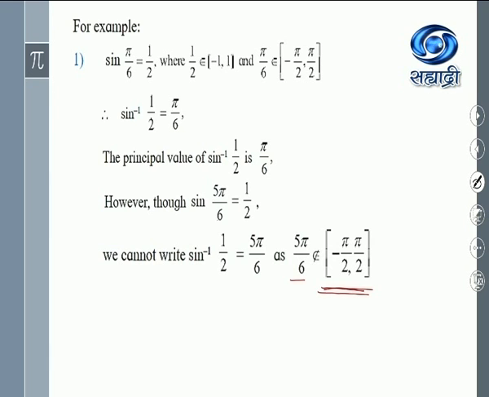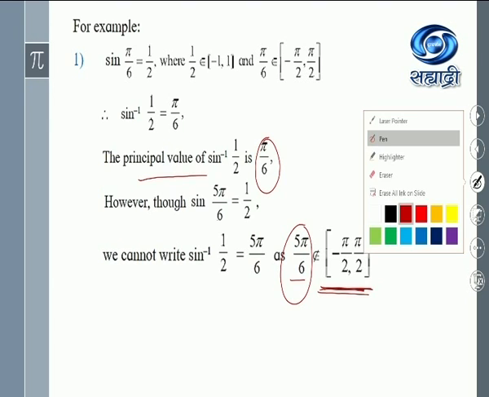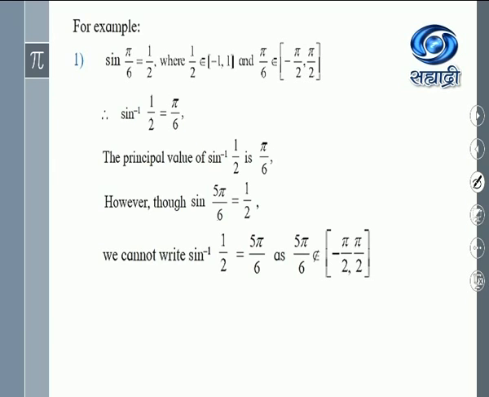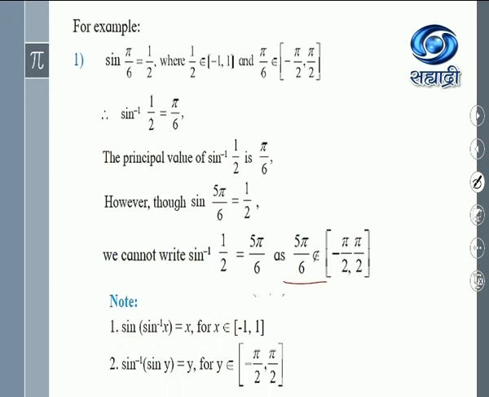So you must be very careful while finding the principal values of the inverse trigonometric functions. Whatever angle you are getting, that angle must lie in the closed interval minus pi by 2 to plus pi by 2. This is for sine inverse I am talking about. Clear? So we discard this value and our final answer is only pi by 6.